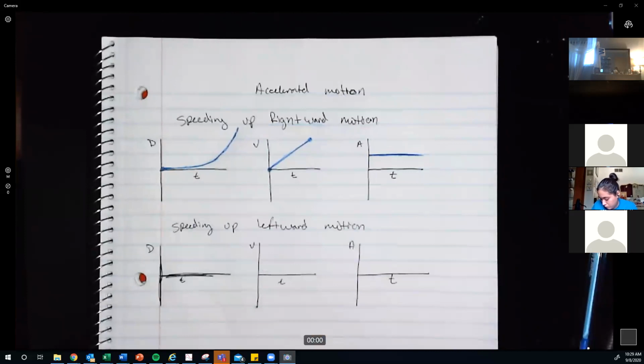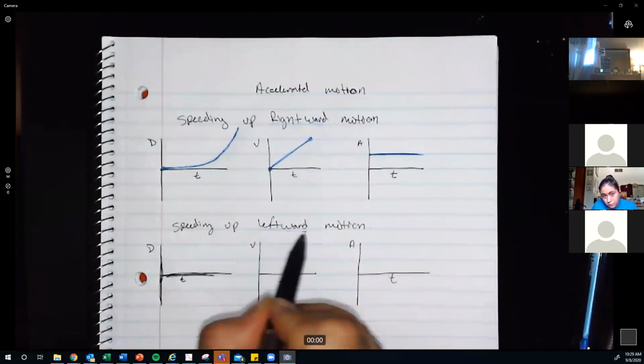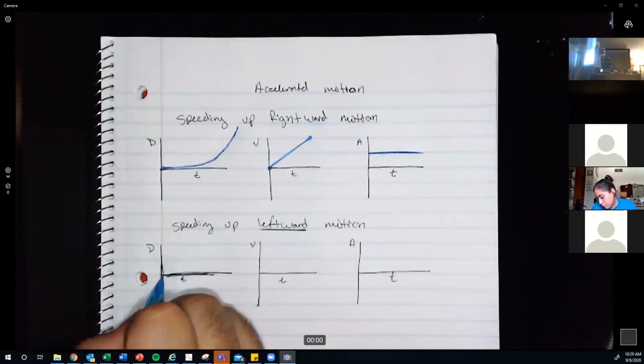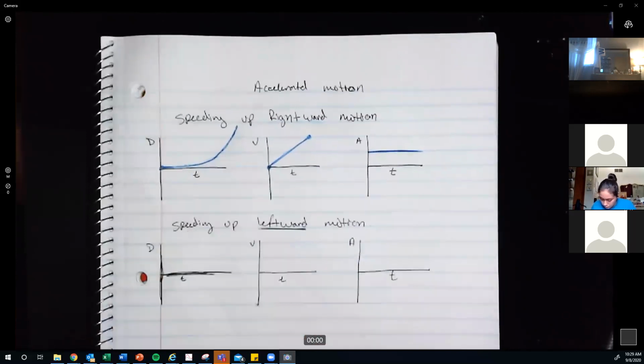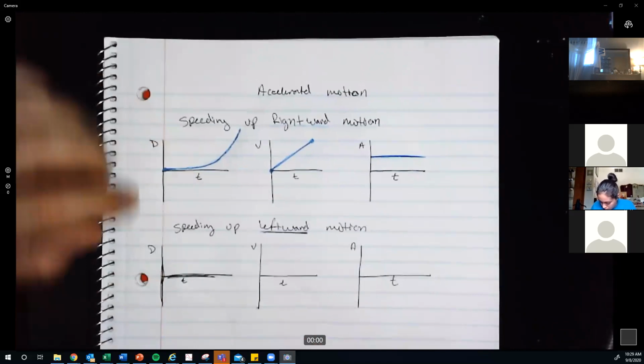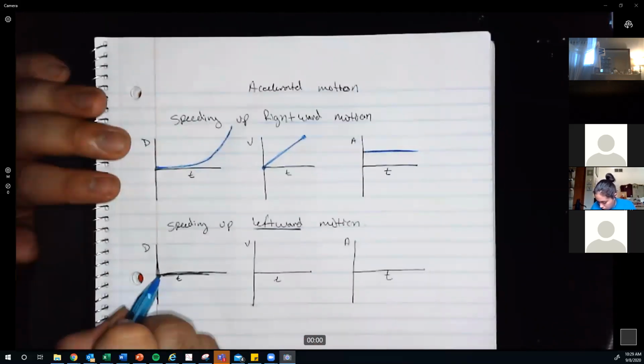The only thing that's different about the one above and the one below is that it's moving now towards the left. So looking at leftward motion, it's pretty much what happened with the uniform motion stuff, the non-accelerated motion. So instead of this curving upward, this is now going to curve downward. It's going to curve towards the negative direction.